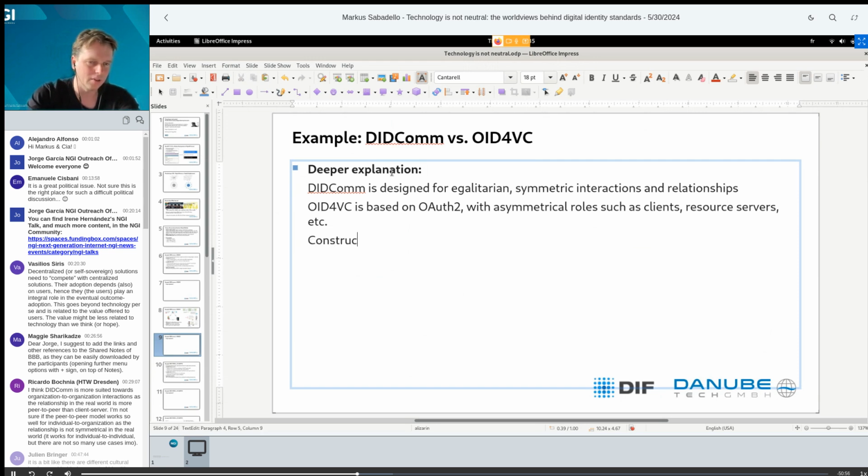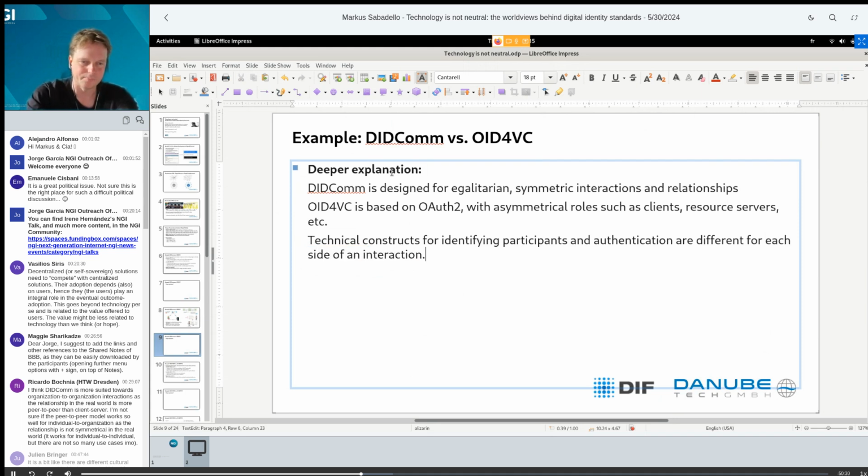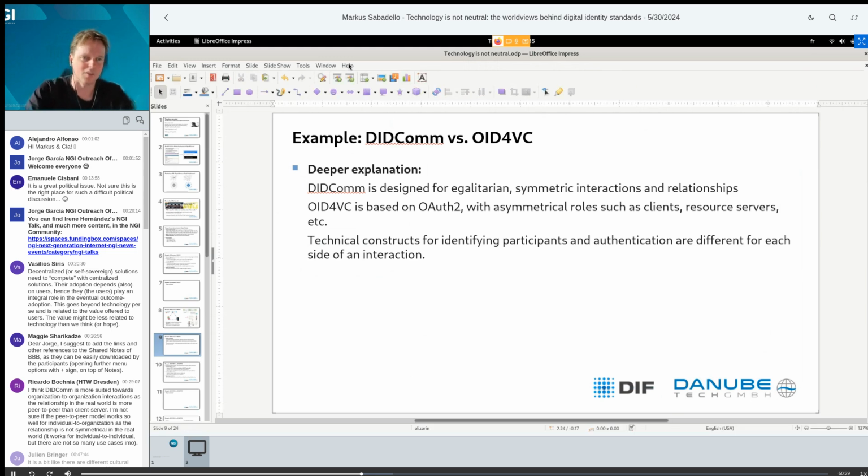And technical constructs for identifying and proving, identifying participants and authentication, are different for each side of an interaction. So something like that.